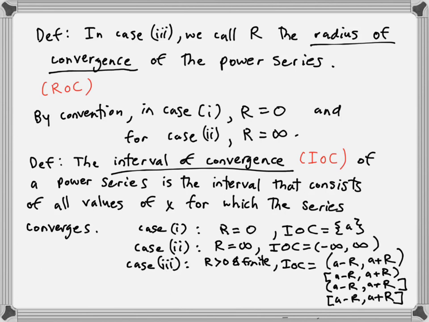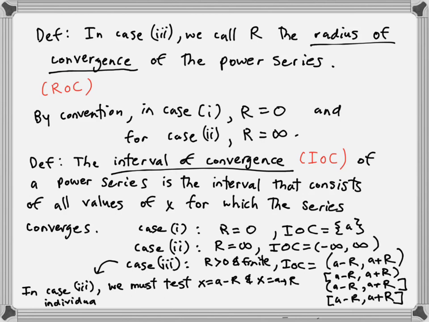So what does case 3 tell us? So in case 3, we must test x equals a minus r and x equals a plus r individually using a different test, right?